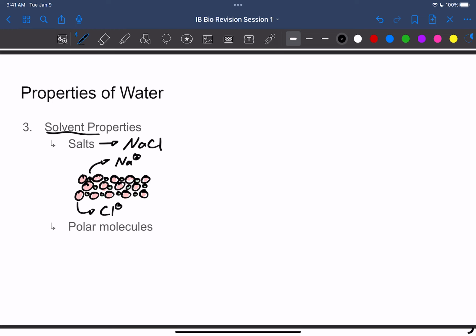As a crystal, they're very closely associated. But when you add water, we're going to get stuff like this. I'll just draw this out.